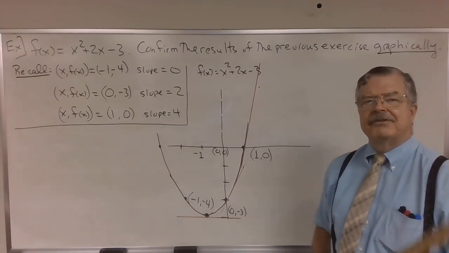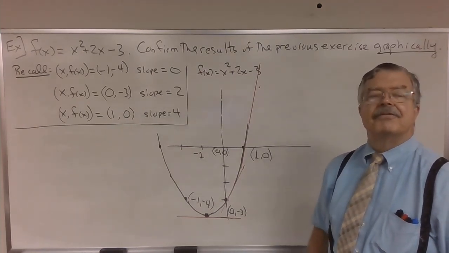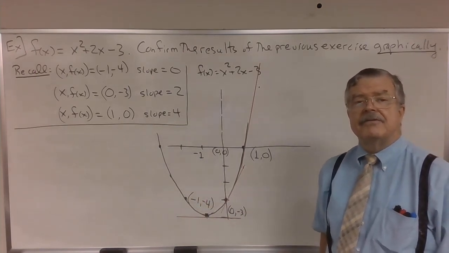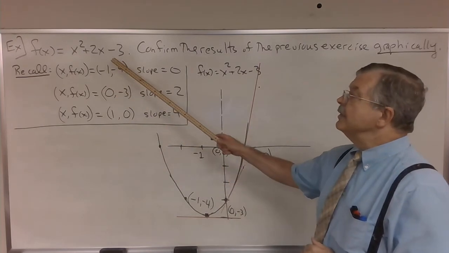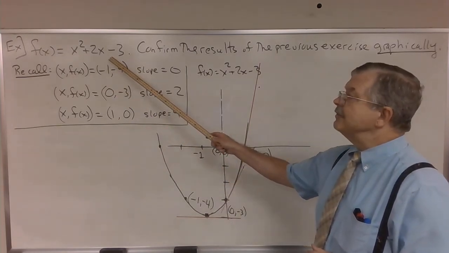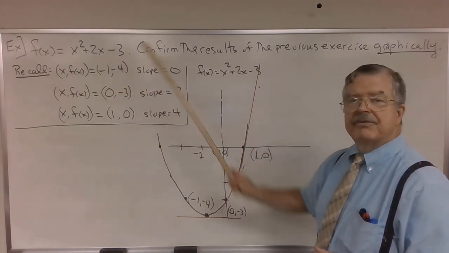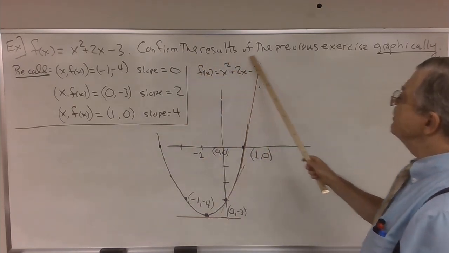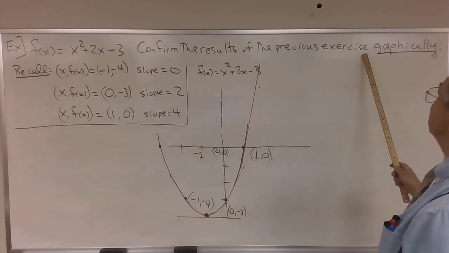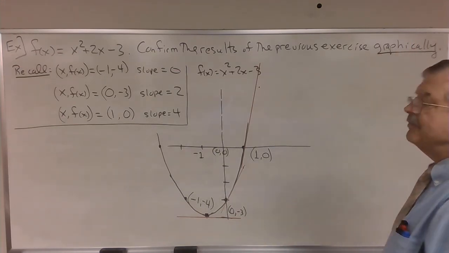This example is just a dramatization of the results that we achieved on the previous two examples. We're still working with the same function, x squared equals 2x minus 3. And the instructions are, confirm the results of the previous exercise graphically.